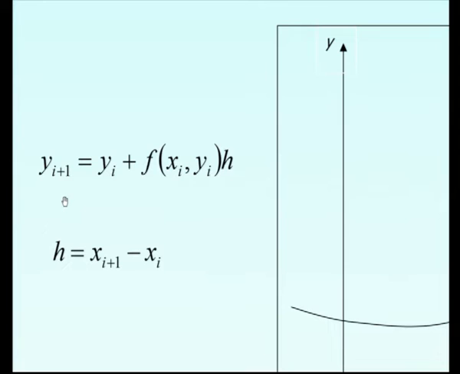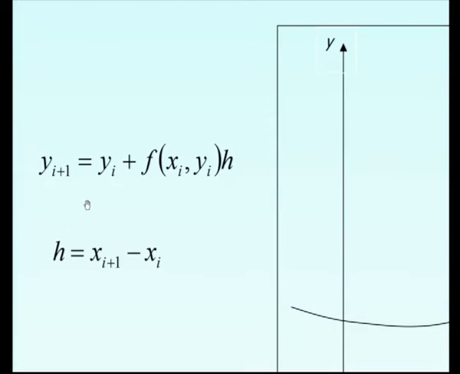Such a technique is called an explicit method, and it is also a single step method because you have only two time steps, x I and x I plus 1. Here x I are referred to as time steps, though we use the x variable notation instead of t. This expression involves only two time steps, and you have only one unknown, so it is a single step method.